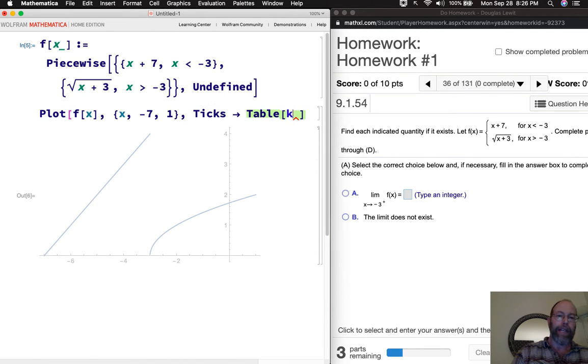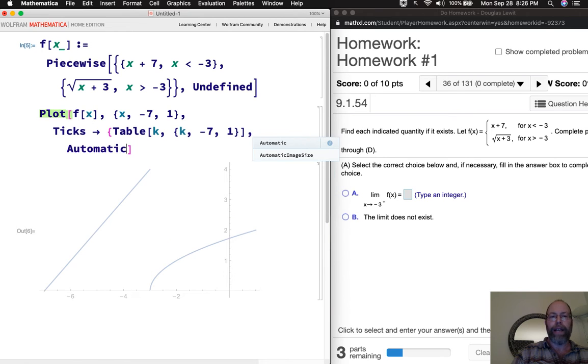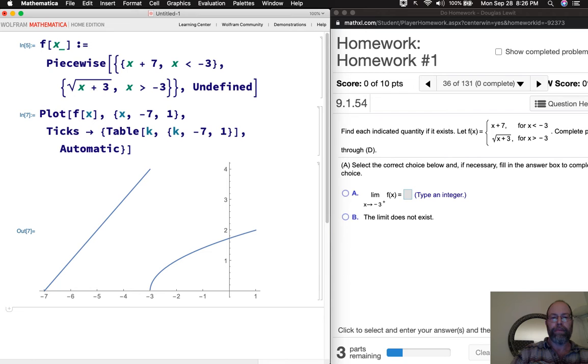I like the letter K. K goes from -7 to 1. Okay, and I need to use list braces. And I'm going to let Mathematica pick the ticks on the vertical axis. The vertical axis comes second.